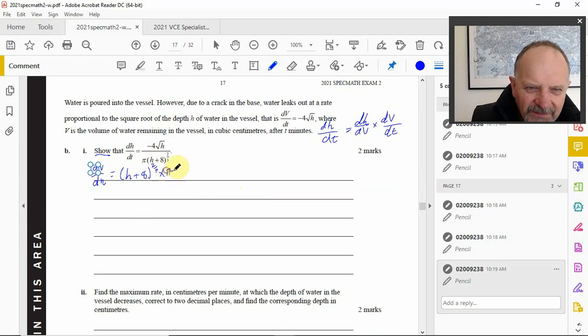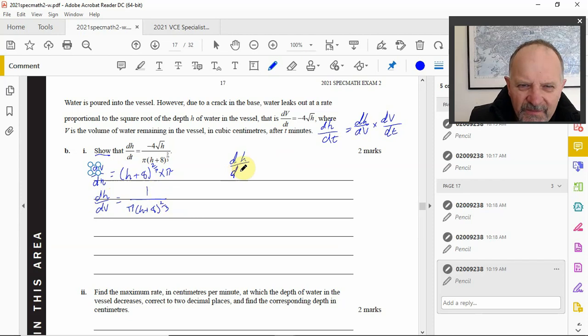And we need dh dv, so if we just flip it over, 1 over pi times h plus 8 to the 2/3, and so dh dt will be 1 over that, times dv dt, which we were told is negative 4 root h.